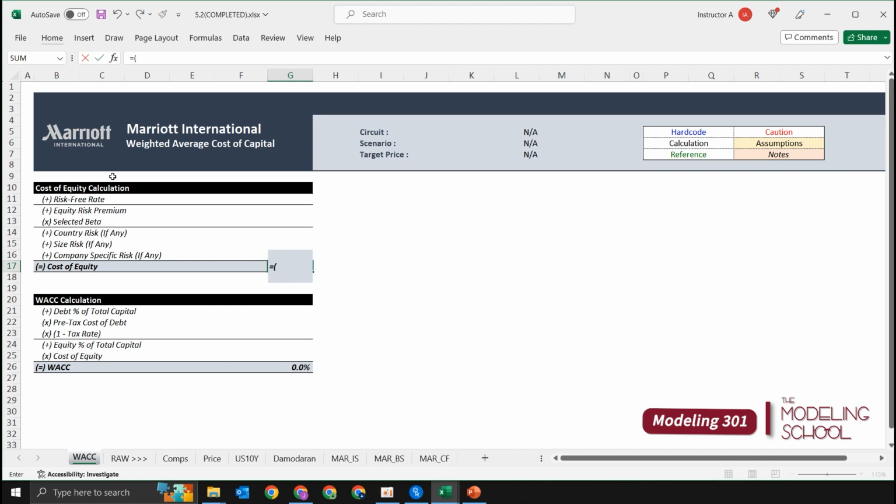So it's going to be risk-free rate added by equity risk premium times selected beta, added by any specific country risks, size risks, or company-specific risks if needed. Control-Shift-5, Alt-H-0 for formatting.